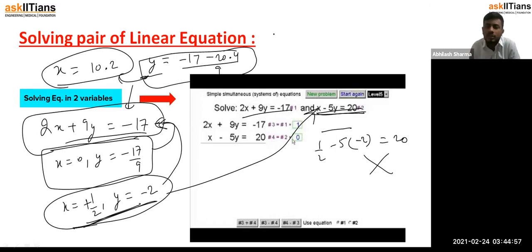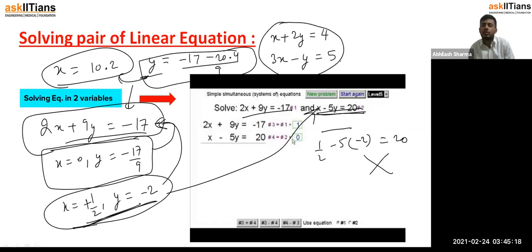So for instance, if I take the example, let's say x plus 2y is equal to 4, and let us say 3x minus y is equal to, let us say, 5. Now let us say I want to find x and y which satisfy both of these equations simultaneously. So how can we do that?